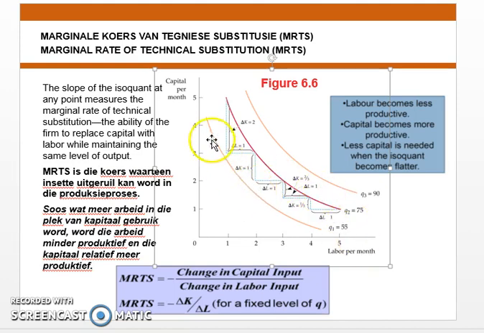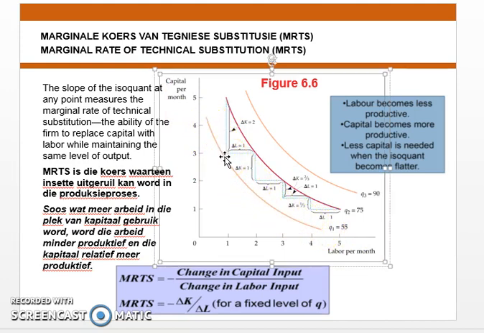Okay, so for this example, we have 3 isoquant curves. The first one has a value of 55. That means any combination of capital and labor which falls on this isoquant will give the same output.